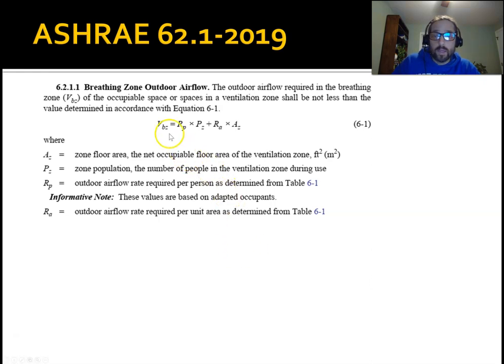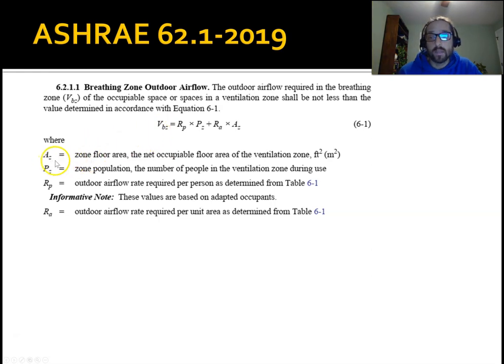This is the formula here. So this is the formula that tells you how many cubic feet per minute are required in a space. Okay, so this is cubic feet per minute, and you'll get practice with this in your lab this week. So it's a pretty simple formula actually.